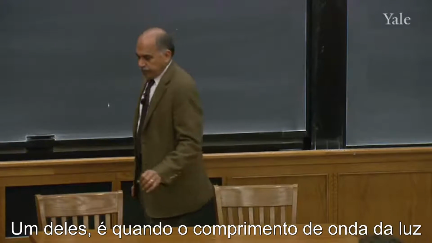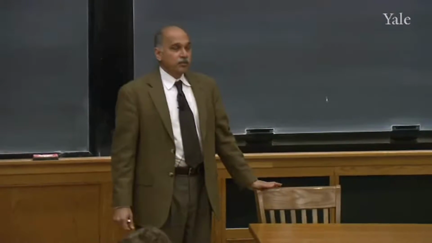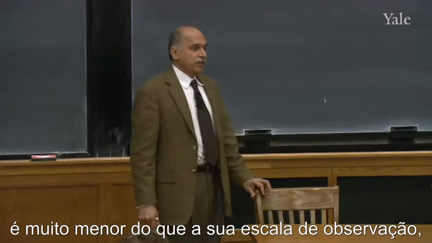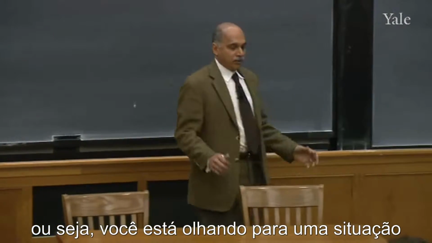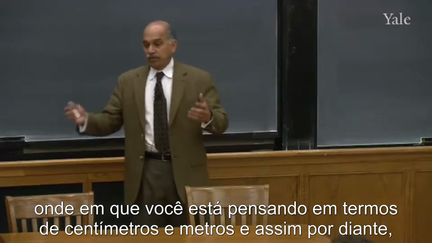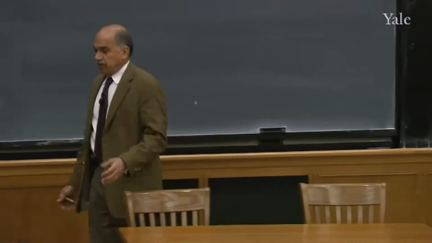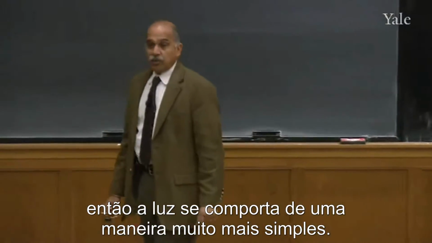One is when the wavelength of light is much smaller than your scale of observation. Namely, you're looking at a situation where you're thinking in terms of centimeters and meters and so on, and the wavelength of light is 10 to the minus 8 centimeters, then light behaves in a much simpler way.